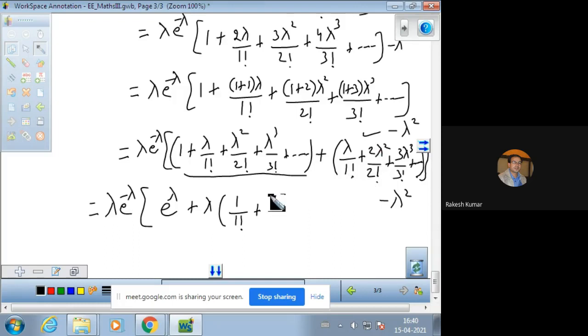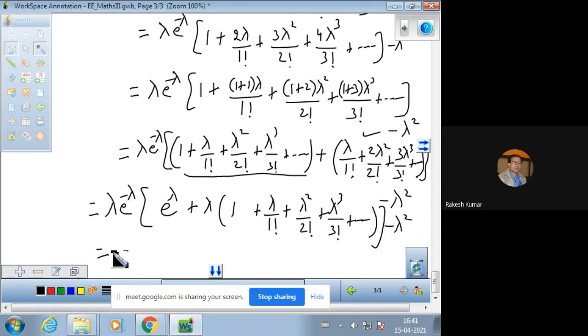So lambda is common, so lambda over 1 factorial, and this simply can be written as 1 plus, the next one is 3 cancelled here, and this becomes lambda square over 2 factorial, and the next one should be lambda cube upon 3 factorial.